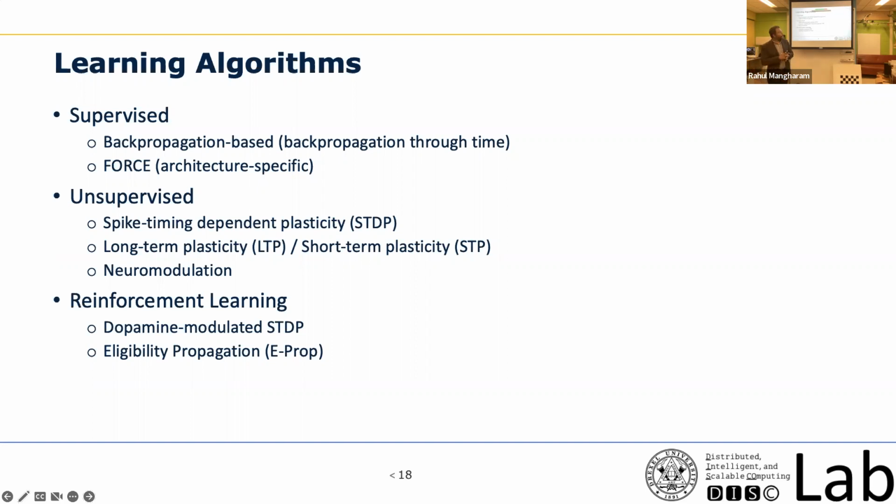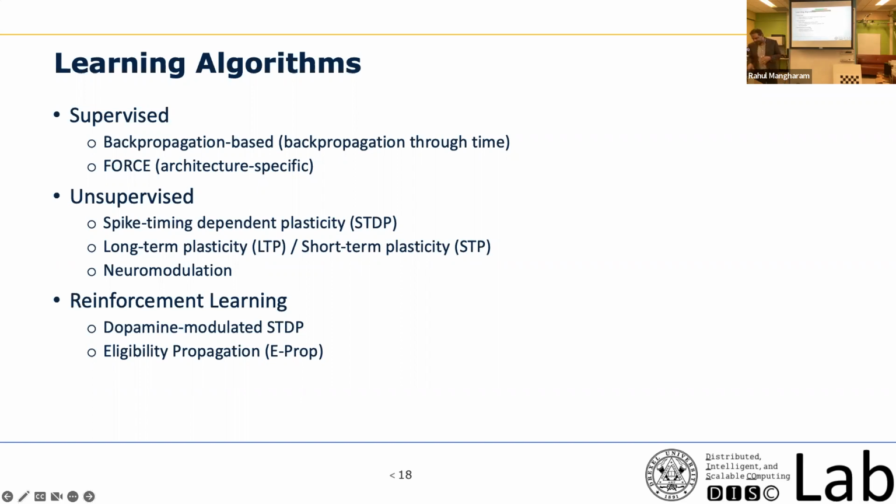All of these assume a fixed model structure. Most of them are fixed, and just the weights are adapting. But you can think of it this way: if the weights are adapting and a weight goes to zero, that connection is lost, right? So it can evolve towards a different architecture.